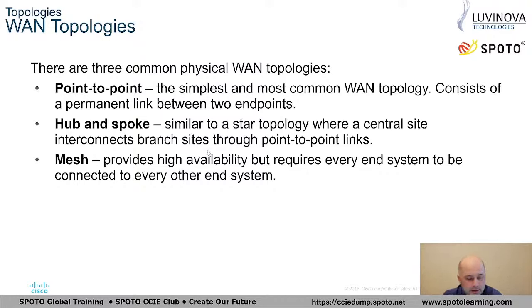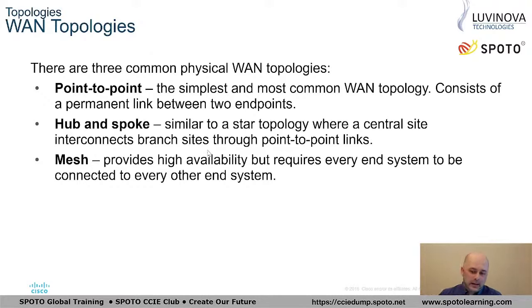Mesh WAN technology provides high availability but requires every end system to be connected to every other end system. So here we have really good resilience and redundancy, because if one fails, another can provide the connection.